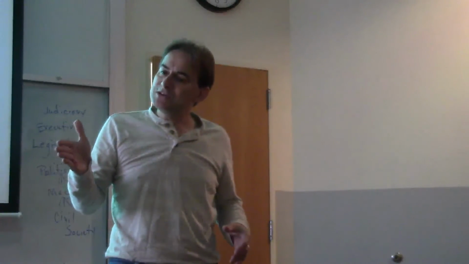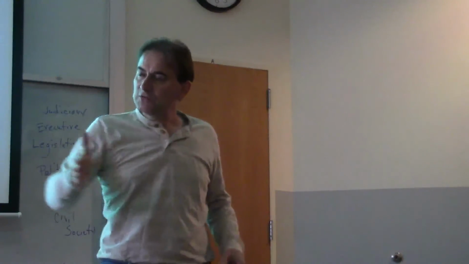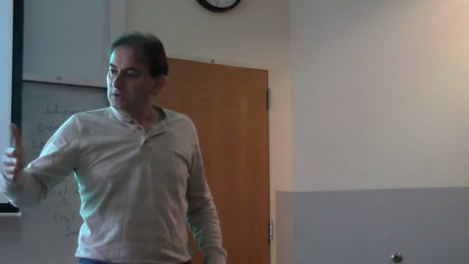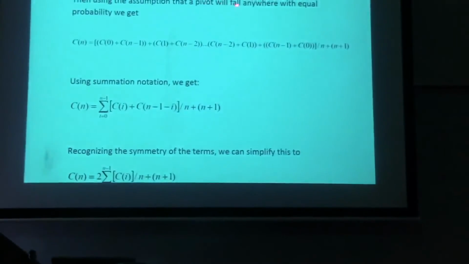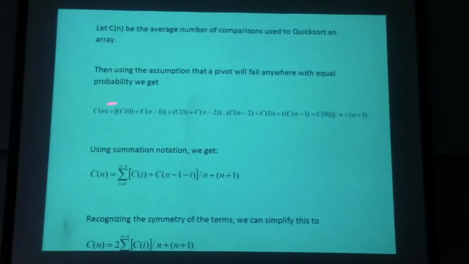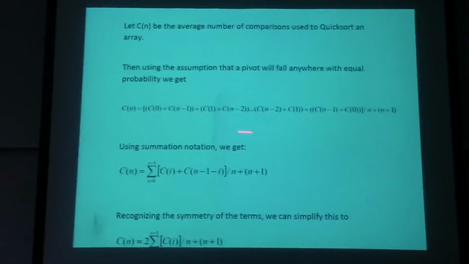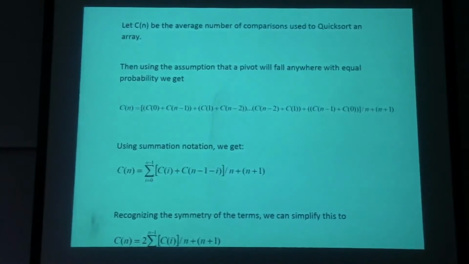But we know that the pivot is equally likely to go anywhere. So if it goes to 0, we have 0 and n-1, then we have 1 and n-2, 2 and n-3, etc. So we can use the assumption that the pivot will fall anywhere with equal probability to get this recurrence equation.